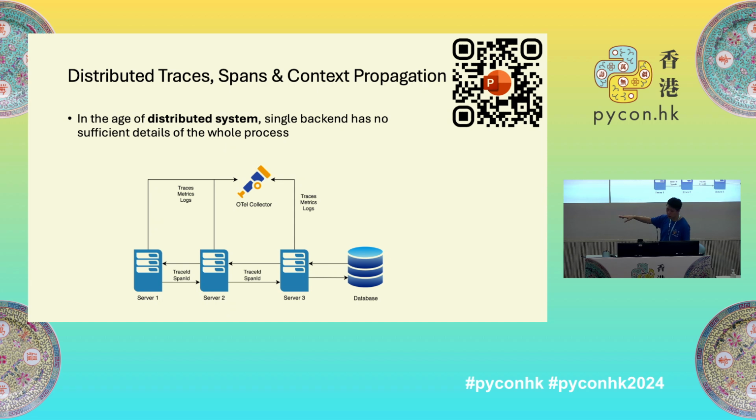Server 2 to server 3 is also propagating this information. I will explain in more detail what those data mean. But you can see those three servers are sending the traces, metrics, and logs that we mentioned before to something called the OTel collector.